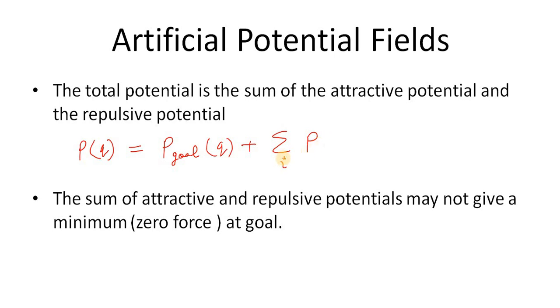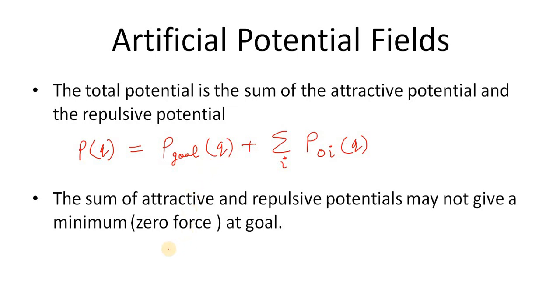Let's say there are I obstacles in your environment, then each obstacle will have its own repulsive potential, and then you have to sum all of them. So this will be your repulsive potential, and you have to add it with your attractive goal potential.